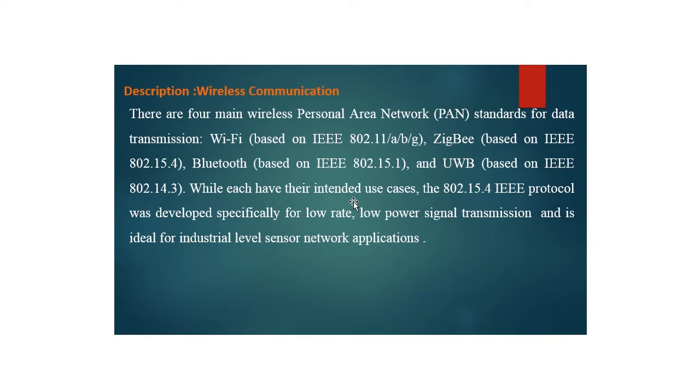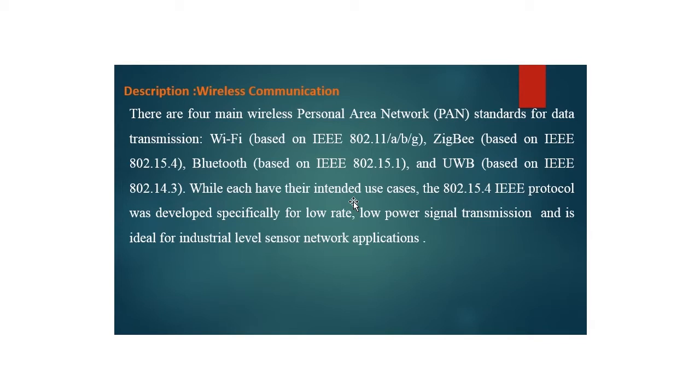Wireless communication. There are four main wireless area network standards for data transmission. Wi-Fi is based on IEEE 802.11. Zigbee is also based on IEEE, but 802.15.4. Bluetooth is also based on IEEE, but 802.15.1.